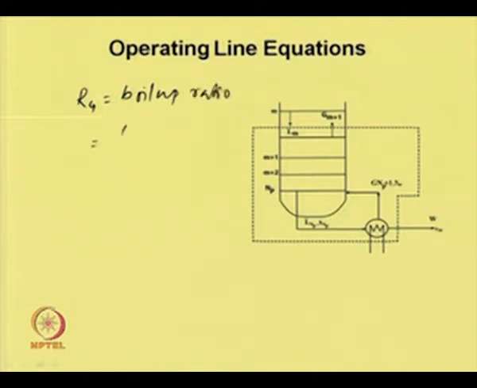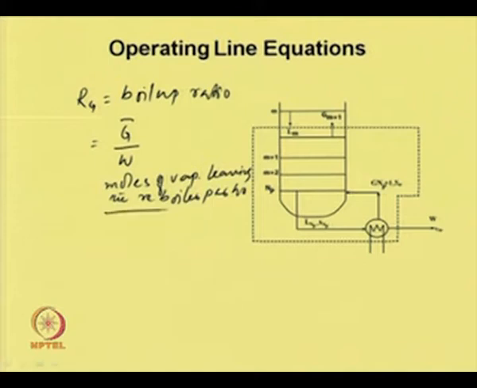So, we can write G bar by W is the moles of vapor leaving the reboiler per hour divided by moles of liquid drawn as bottom product per hour.